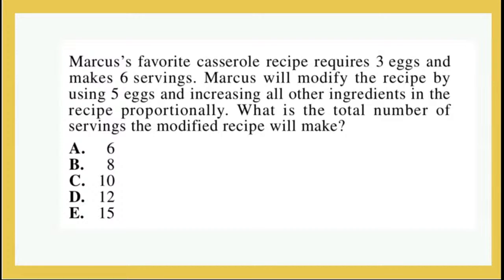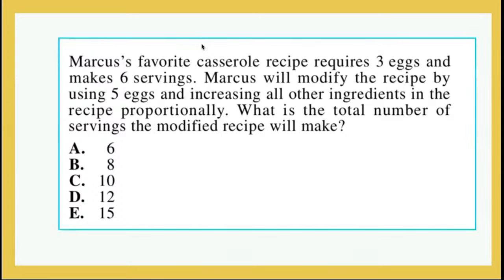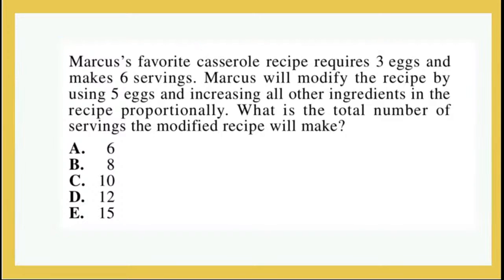So question one from this past week, it says Marcus's favorite casserole recipe requires 3 eggs and makes 6 servings. So right off the bat, I notice that this is going to be a ratio, a proportion, proportional relationship kind of question, which means it falls in that 40 to 43% of the test that they call integrating essential skills.